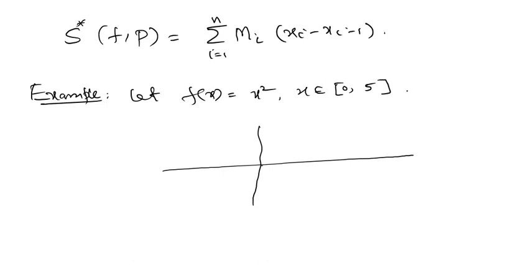So the graph is like this. Here we are dealing with only positive numbers, so it's like this. Suppose this is 0 and this is 5. It's a vertical line here. It's very difficult to draw this line.